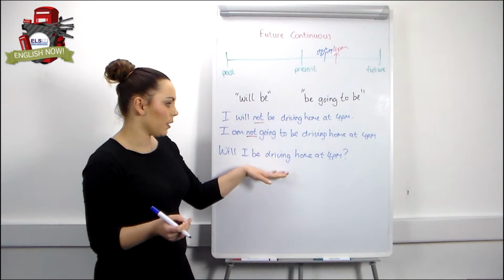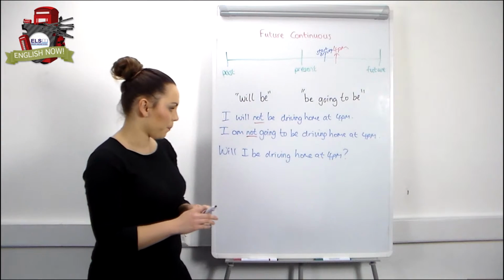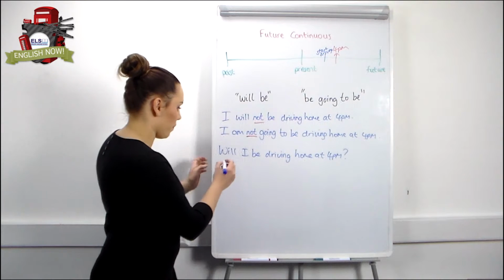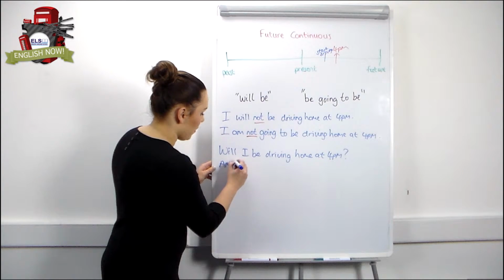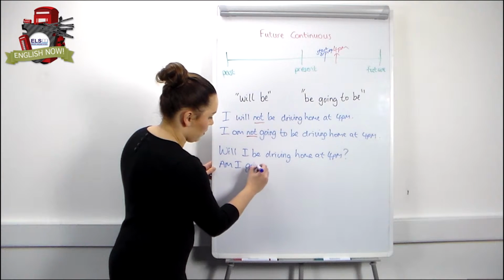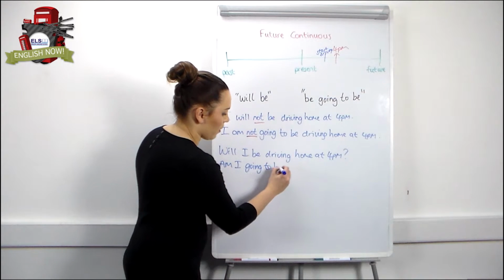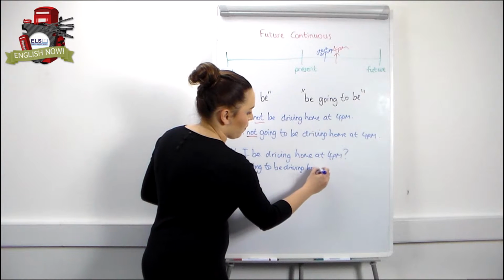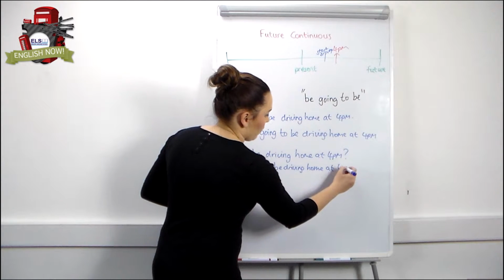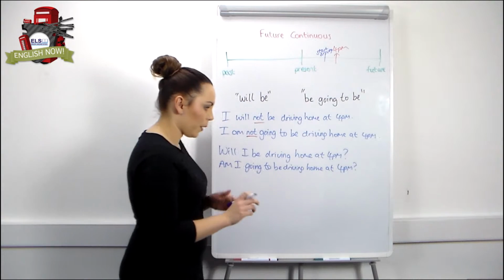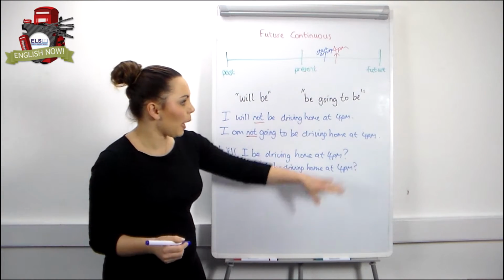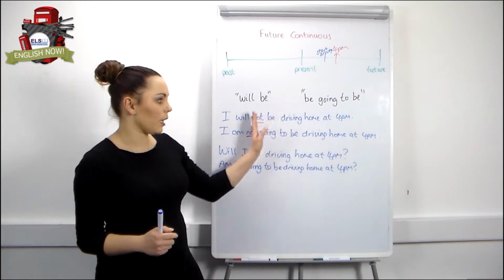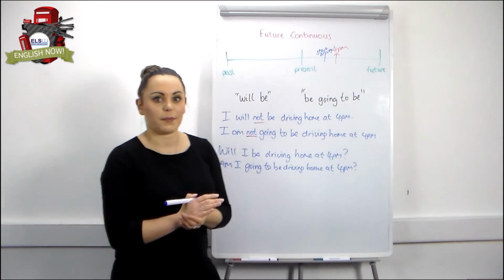Will I be driving home at 4 p.m.? If we look at it in the second form, am I going to be driving home at 4 p.m.? And remember, both of these relate to the action starting before the time at the end.